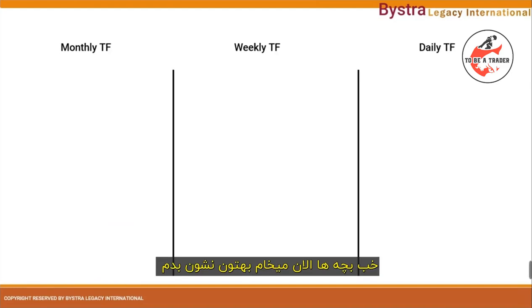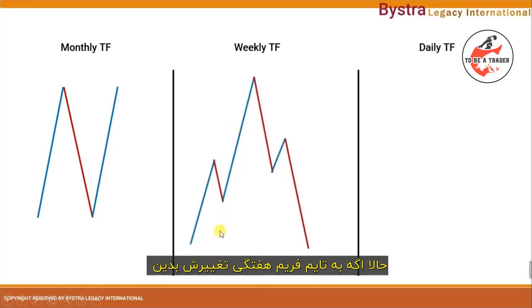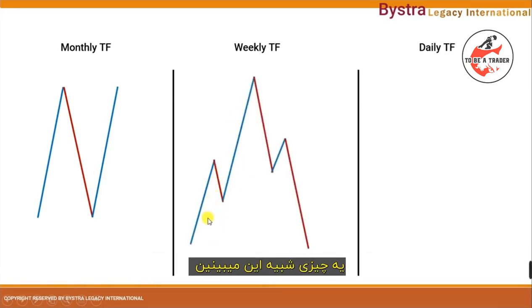Now guys, I'm going to show you why the monthly time frame doesn't require the second movement. As we all know, in 1 month there are 30 days, so definitely more than 4 weeks. As you can see, on a monthly time frame, normally you will see one candlestick and one candlestick. However, if you move to the weekly time frame, you will see something like this.